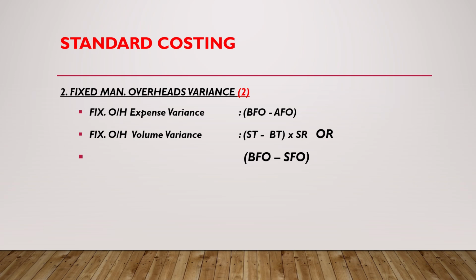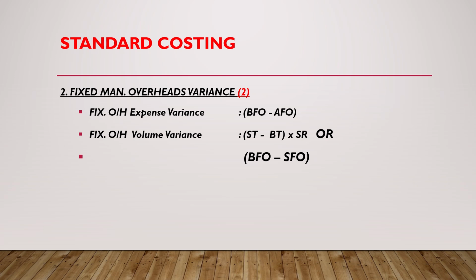So now we are doing fixed overhead variances. Also, when we are doing fixed overheads, we are going to use two formulas. The first one, we are going to calculate fixed overhead expense variance.